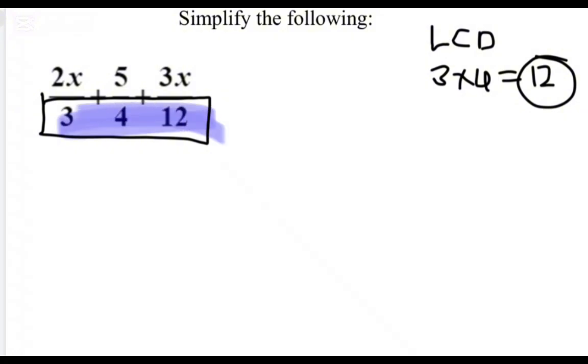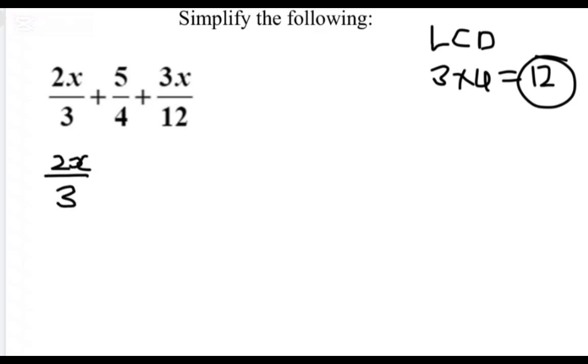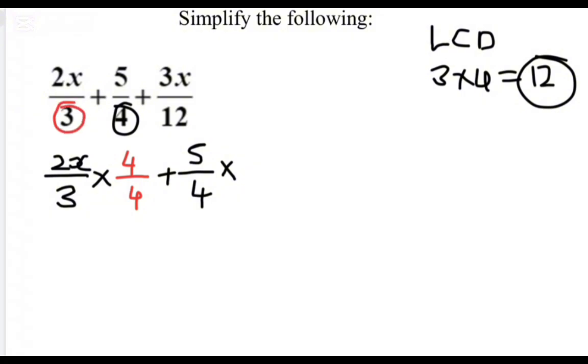We learned in our previous video that this is very easy. We're just going to say 2x over 3, and then we multiply with 4 over 4, and then plus 5 over 4, and now we multiply with 3 over 3, and then plus 3x over 12.